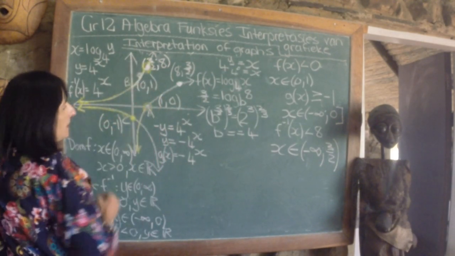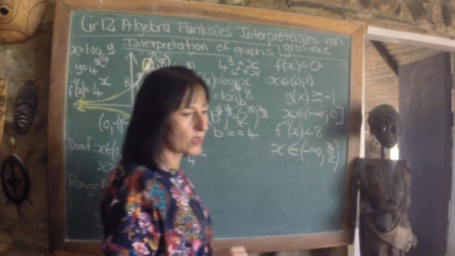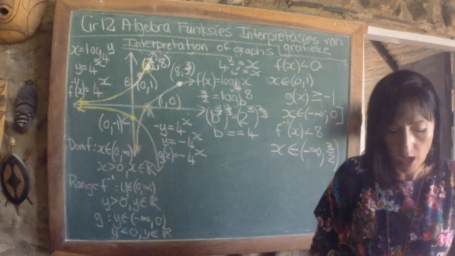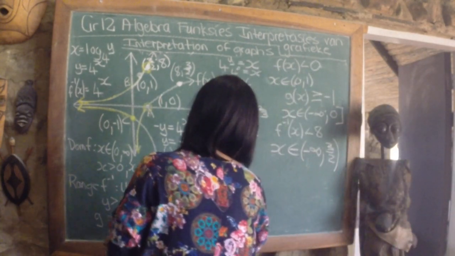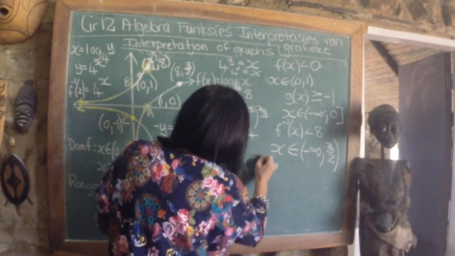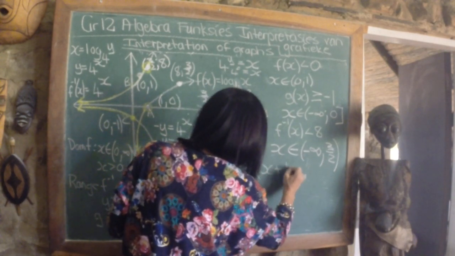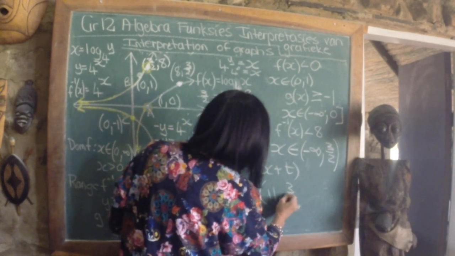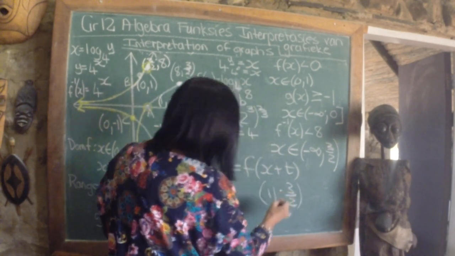The last question is, if the graph y equals fx plus t goes through the coordinate 11 and 1.5.